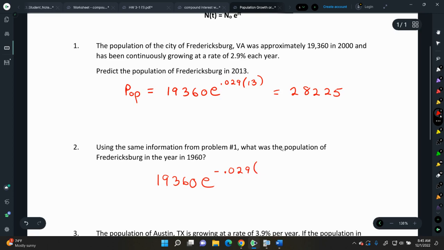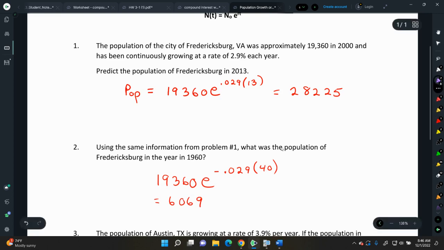And let's see, how many years would that be? 40? Let's see if it works. I'm actually putting the negative on the 40, but because it's multiplication, it doesn't matter. So we've got 6,069. Okay. I want to go the other direction and just check it. See if it makes sense.